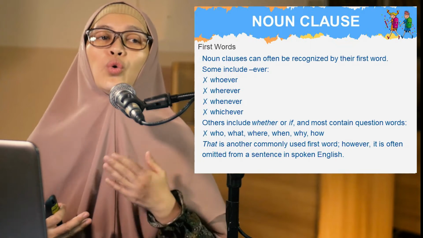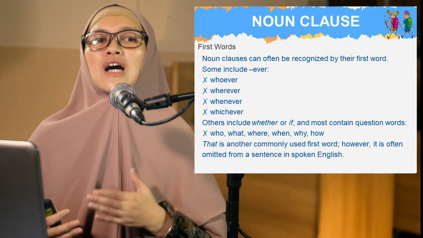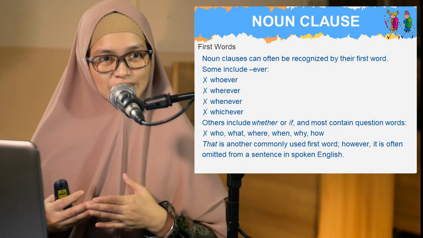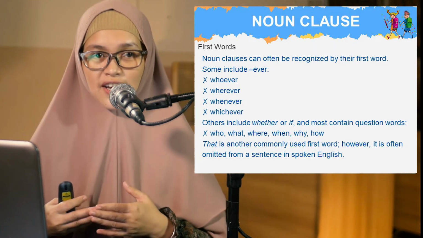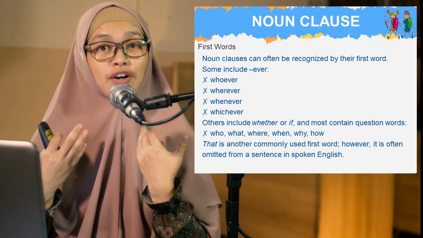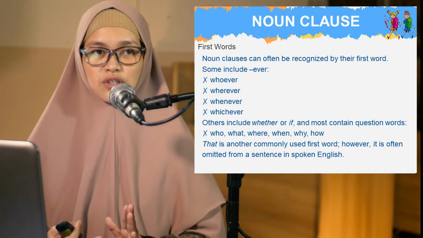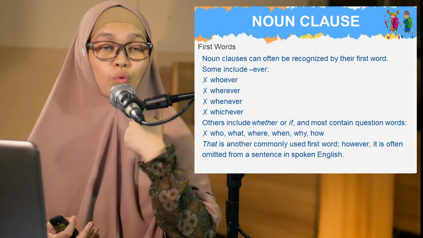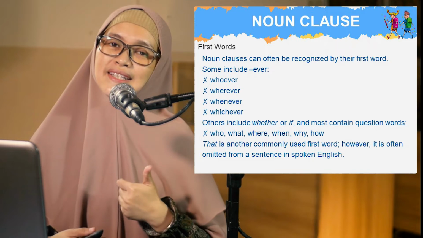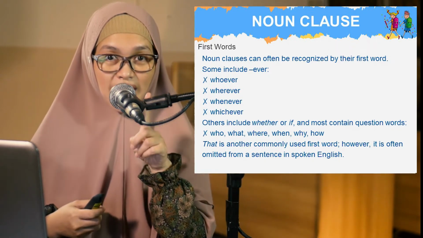For example, who added to ever becomes whoever, or wherever, whenever, or whichever. Others include whether or if, and most contain question words such as who, what, where, when, why, and how.